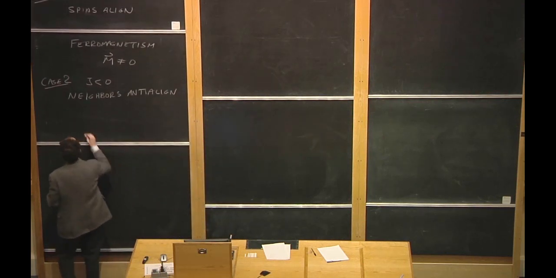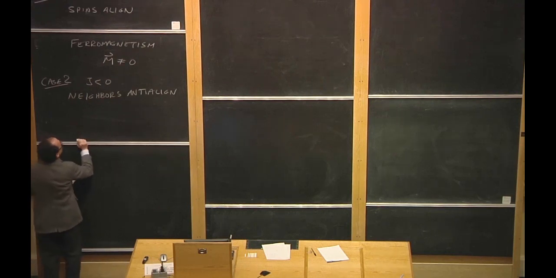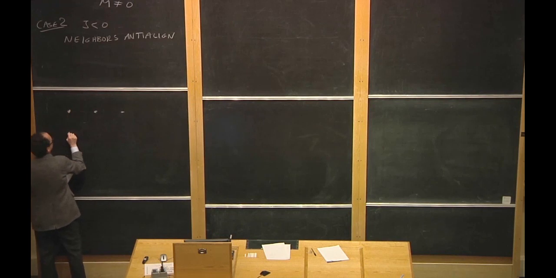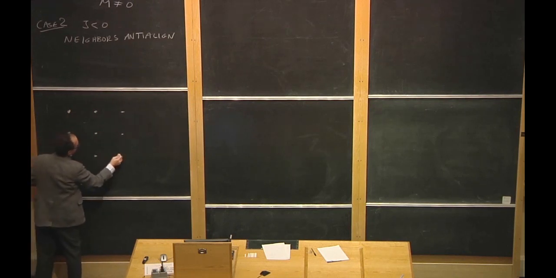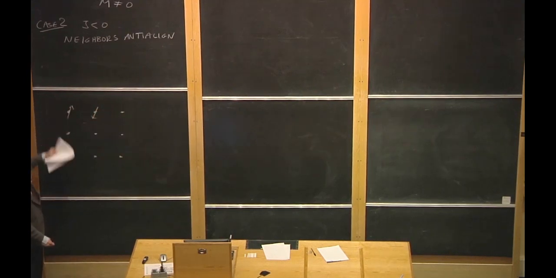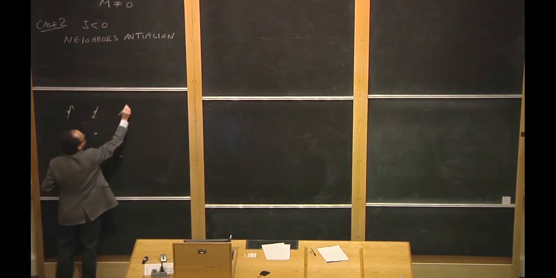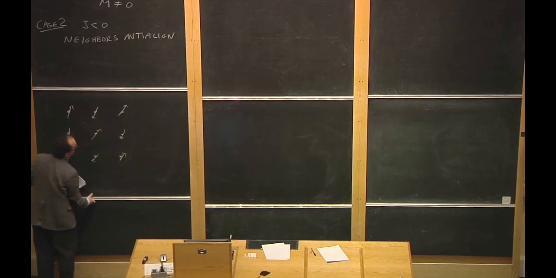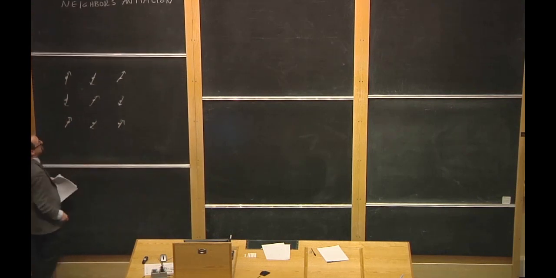So if we have a square lattice like this, each with a spin on it, if the first spin is pointing up, then the second spin will want to point down, and then the third spin will point up, this one will point down, this one will point up, this one will point down, and so forth and so on. And we'll get these alternating spin structures.